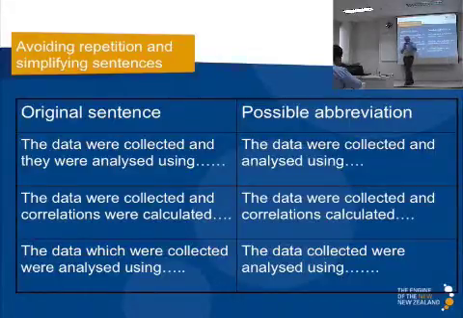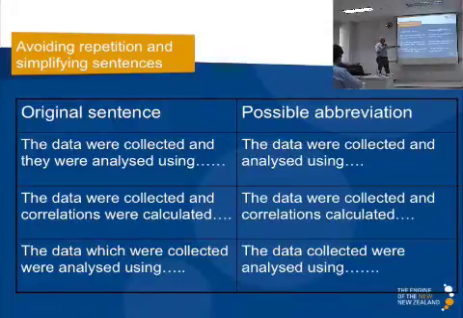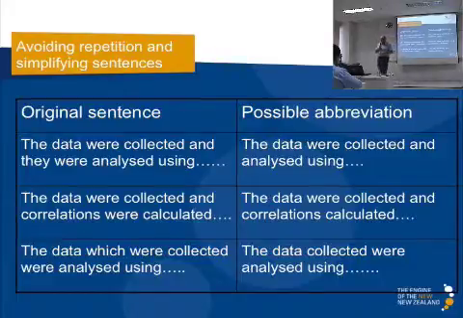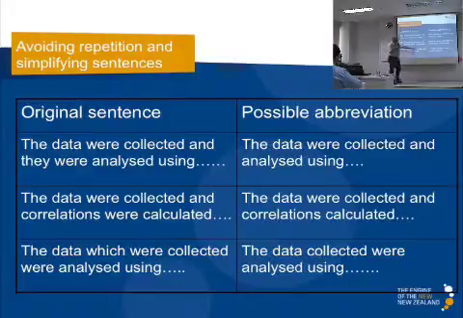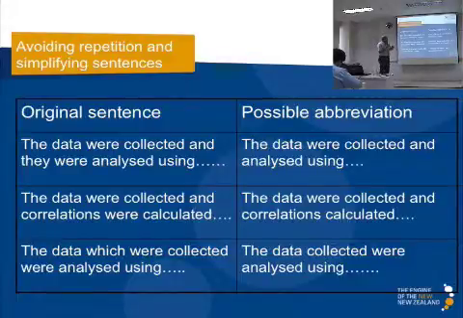You don't need to say they were. The data were collected and correlations were calculated. The data were collected and correlations calculated. The data were collected and were analysed using. The data collected were analysed using. So try and avoid repetition and simplify your sentences.